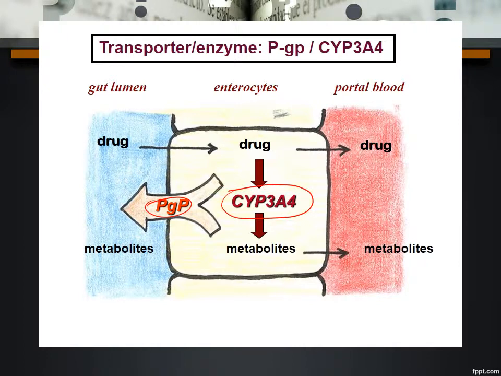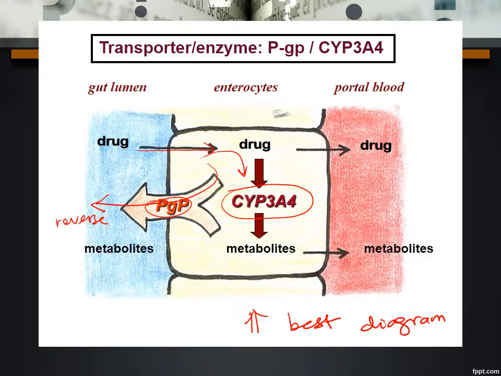So if you are asked how the physiological factors PGP and CYP3A4 affect bioavailability, this is the best diagram to present. When a drug comes in, it will be pumped out as a reverse pump, or it will be metabolized into a metabolite and absorbed into the bloodstream as an active drug compound.